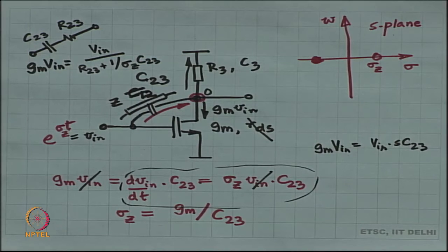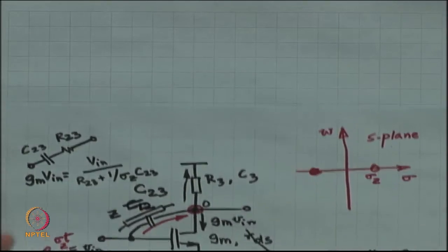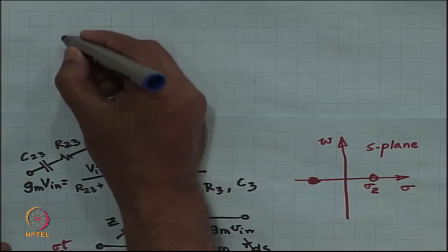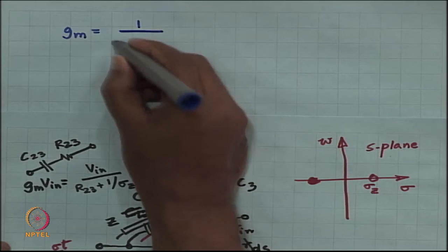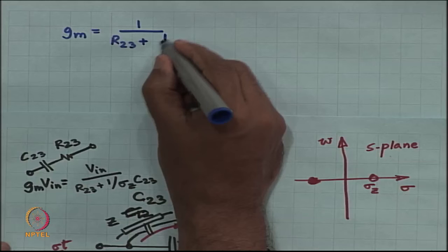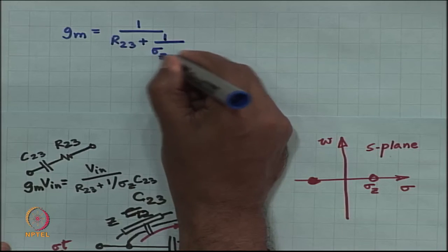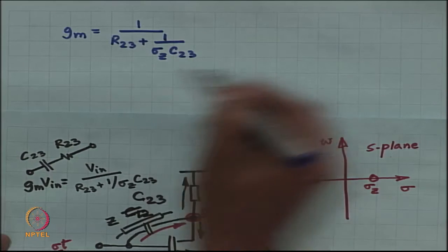Is this okay? And in such a case, you can still cancel V in from both sides, and then you can simplify.